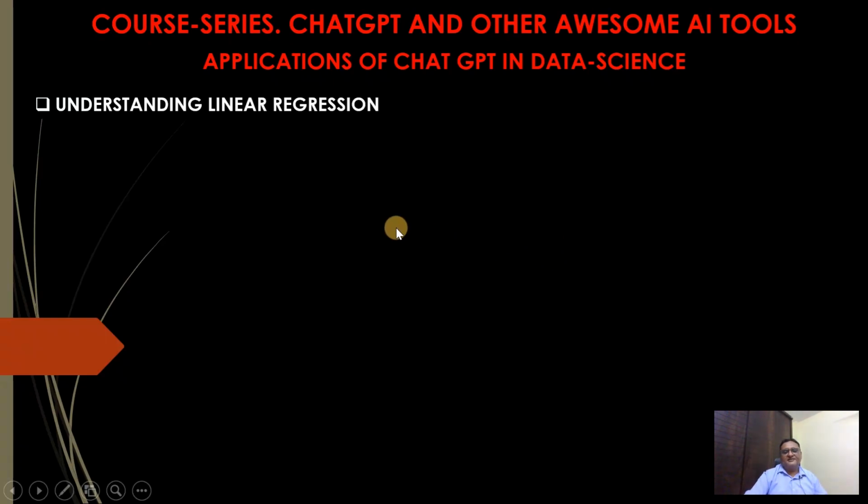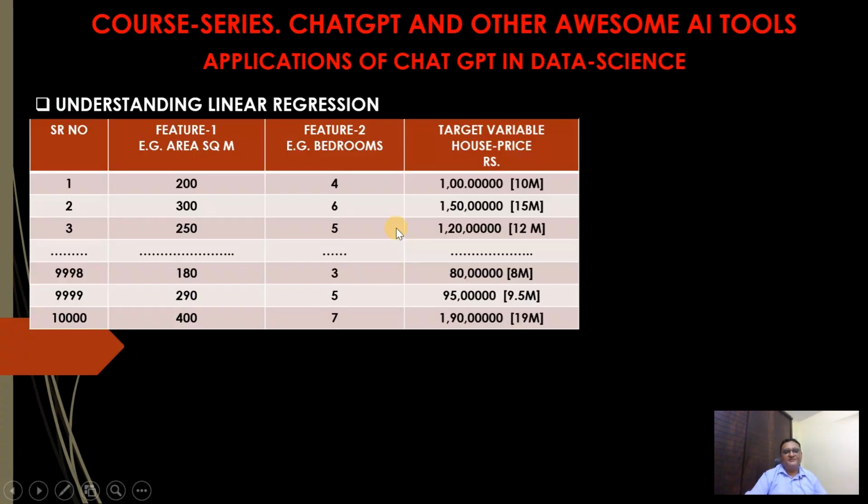First, in regression, let us take this example. Say, for example, I have a data set with 10,000 observations, and it is a very simple housing data set, in which there are only two features. One feature is the area in square meter, and another feature is the number of bedrooms in the house.